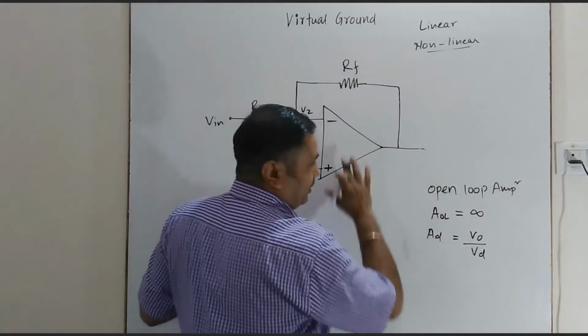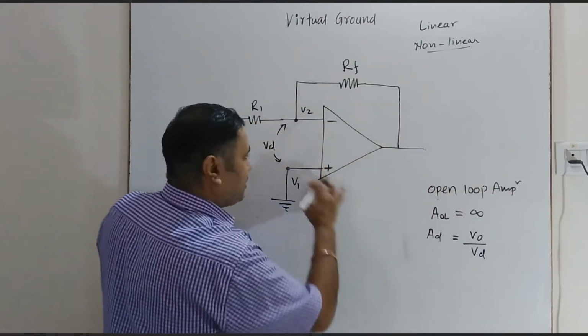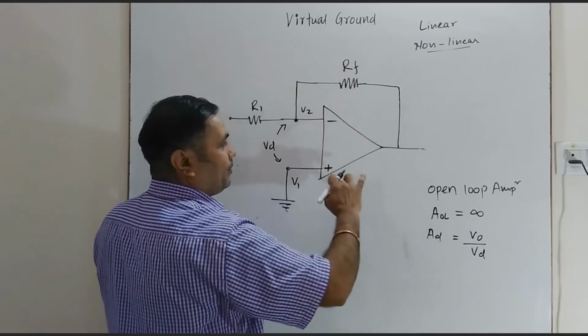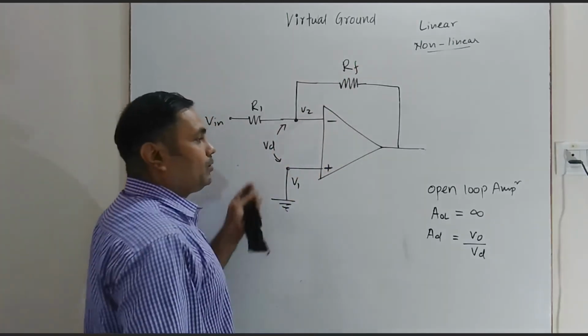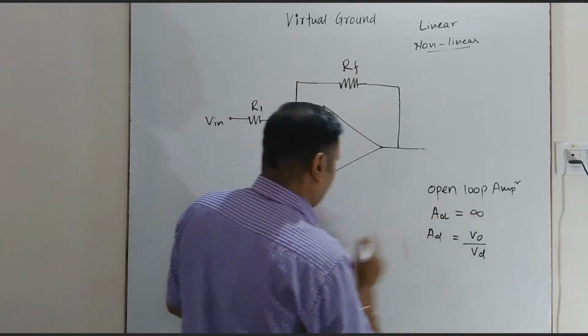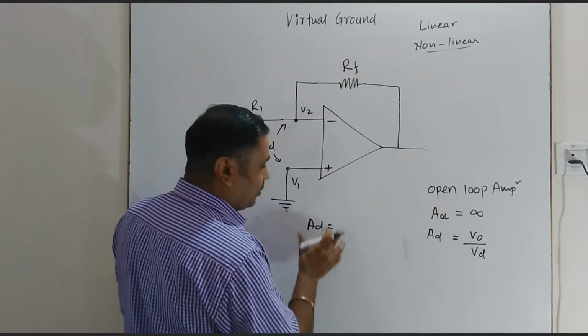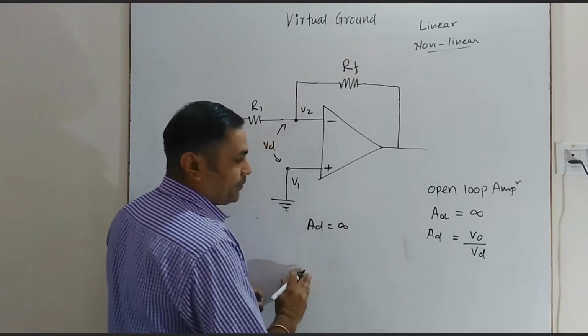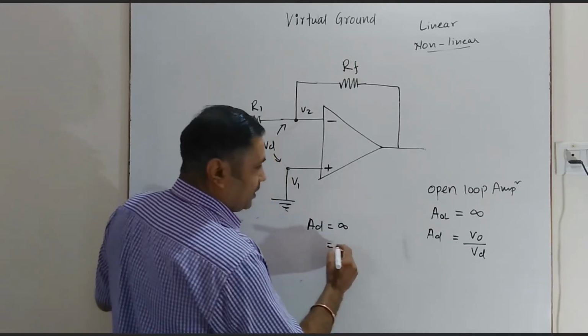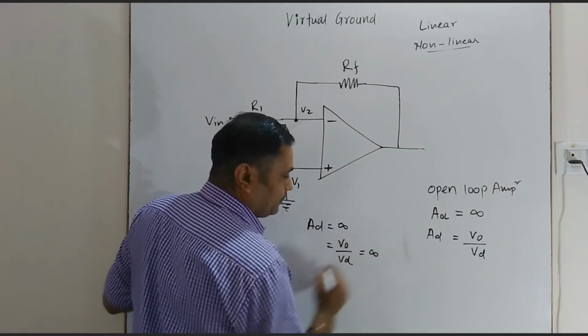As you know, in an operational amplifier, this is actually the open loop amplifier, and we have connected an external component to achieve the negative feedback. Here the gain of this amplifier is infinity. So AD, that is the differential mode gain or open loop gain, is infinity. If this is infinity, the ratio VO upon VD is infinity.